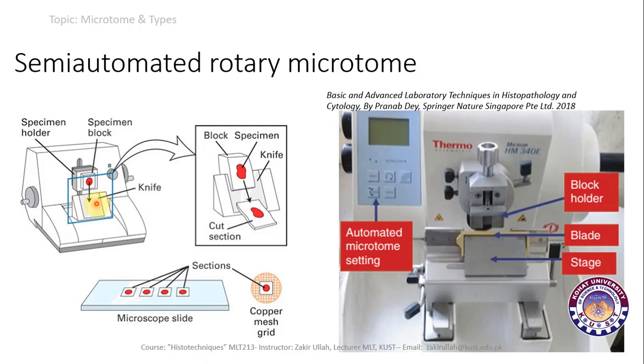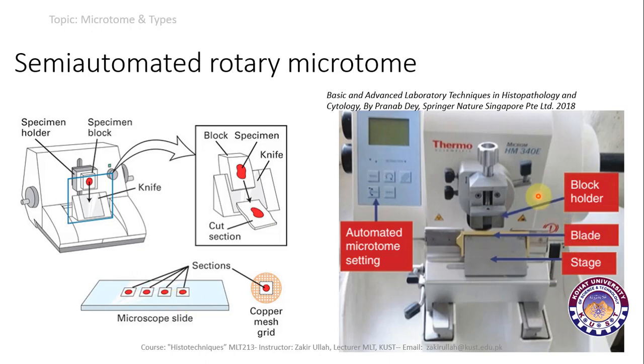Here is a knife, and if we zoom in on this area, this is the block containing the specimen, this is the knife, and this is the specimen, where the ribbon and thin sections are prepared. A ribbon of continuous sections is taken with the help of a microscopic slide.